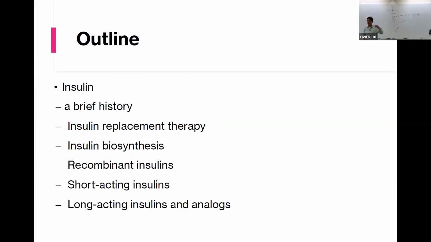Do you know the history of methyl salicylate or aspirin? When was aspirin discovered?